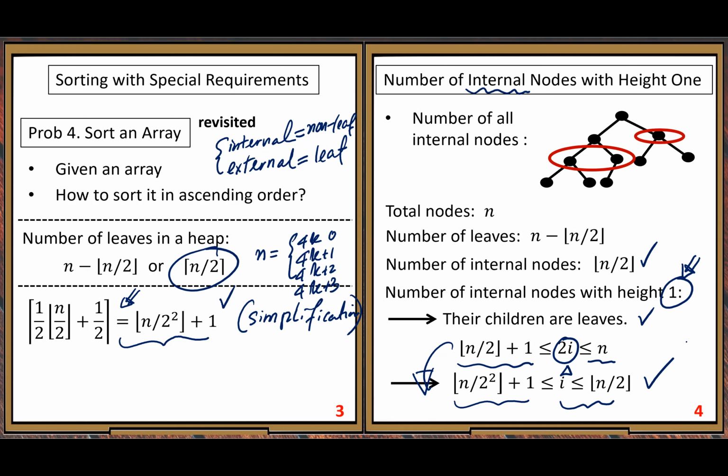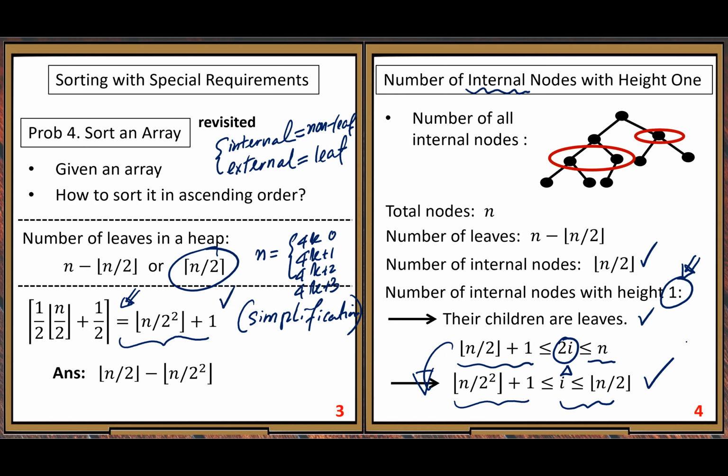The answer: upper bound minus lower bound, then plus 1 back. So we have this, you can see a similar expression, similar form.